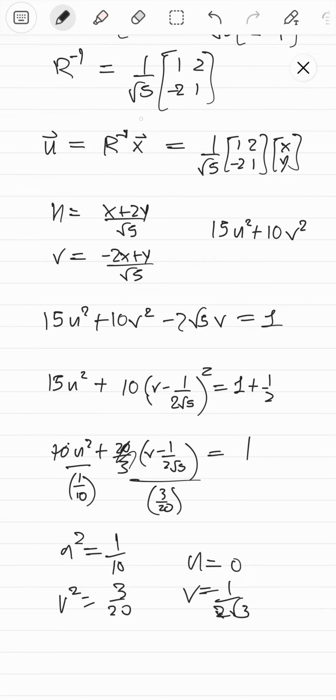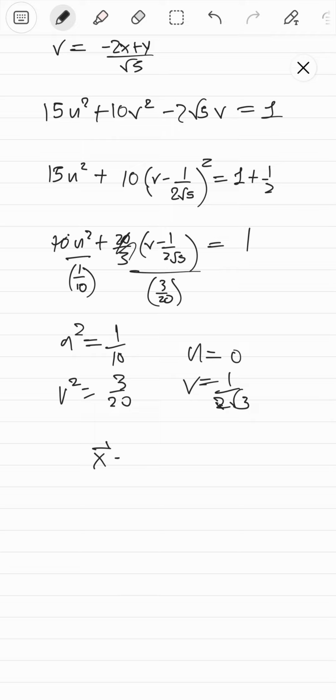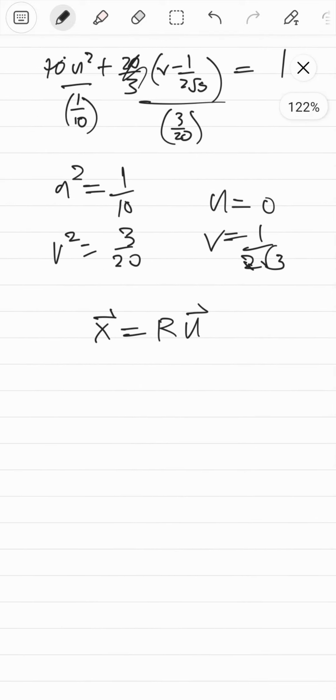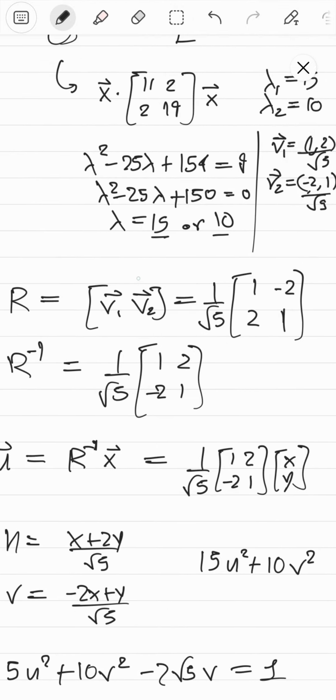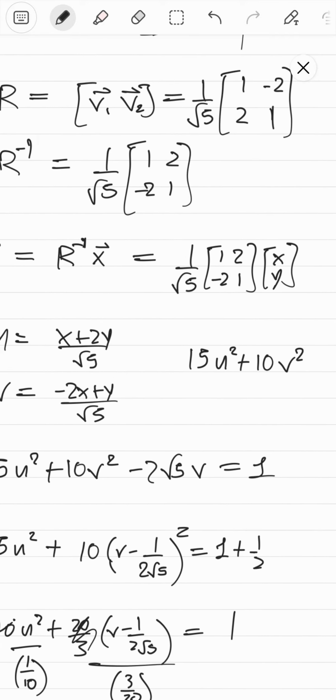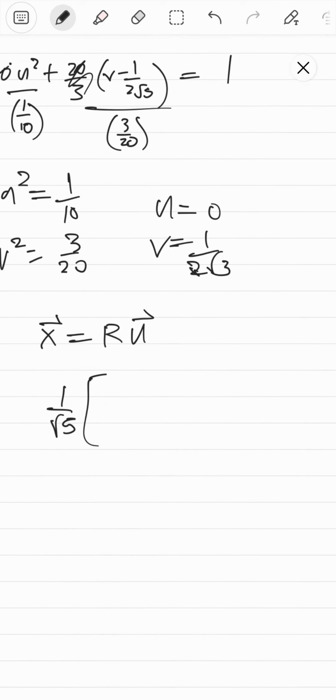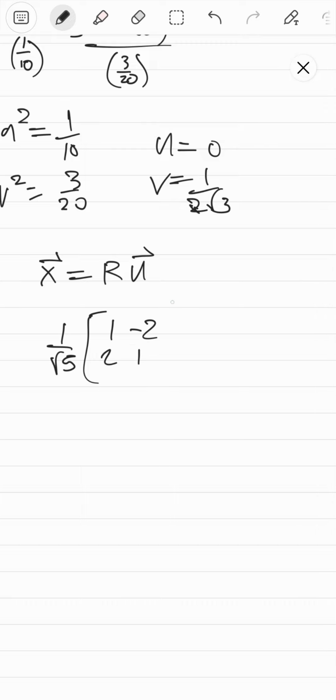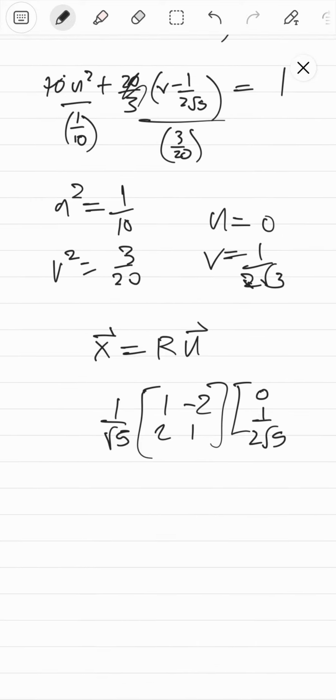So yeah, I mean, u vector is just r inverse x vector. So basically x vector is equal to r times u vector. So r was what, by the way? R was this matrix 1 upon square root of 5, and then 1 negative 2 2 1, okay, and this thing is applied on our u vector now, which is just 0, and then you have 1 upon 2 square root of 5, oh, that is actually square root of 3.